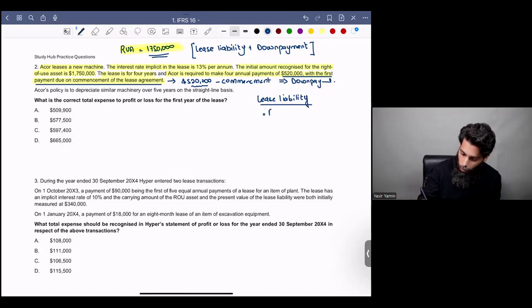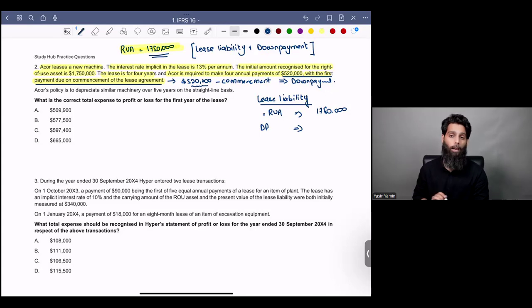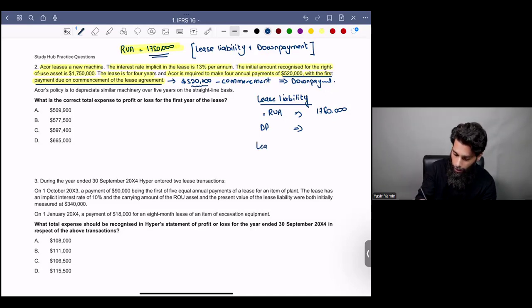Your right to use asset would have been measured at 1,750,000. Down payment would have been included within this 1,750,000. But for the purpose of calculating lease liability, you need to exclude this down payment. 520,000 subtracted from the lease liability.